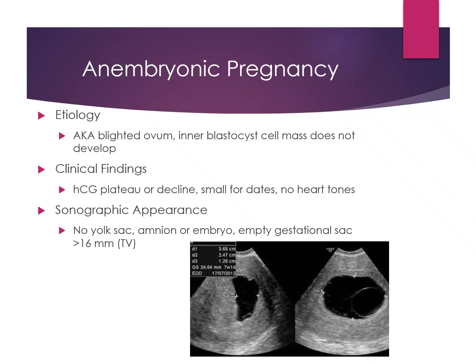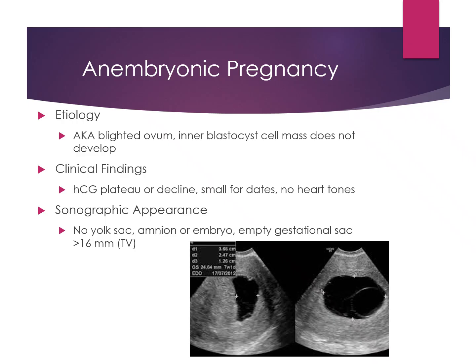So we're still going to get that amniotic sac, we're still going to get the gestational sac, but there will be no yolk sac and there will be no embryo, and there will be no heart tones, and we're going to see the HCG is going to kind of just stop where that blastocyst level would have been. It doesn't get any more, and our gestational sac is going to be small for the dates that we were given, so for the last menstrual period.